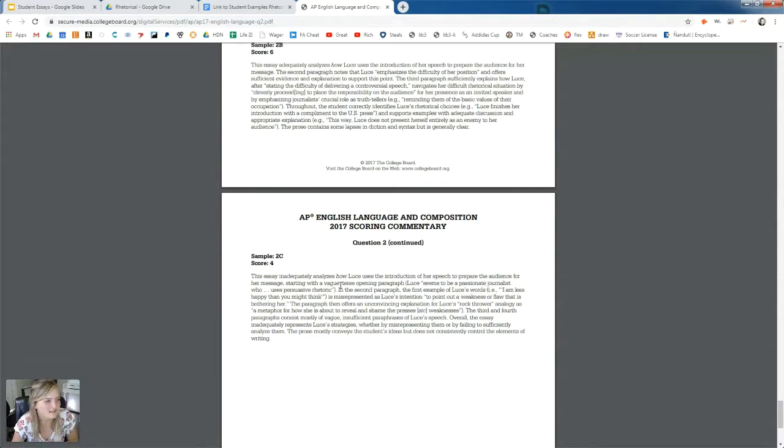It's not really analyzing. "In the second paragraph, the first example of Luce's words, 'I am less happy than you might think,' is misrepresented as Luce's intention to point out weakness or flaw that is bothering her. Overall, the essay inadequately represents Luce's strategies, whether by misrepresenting them or failing to sufficiently analyze them."